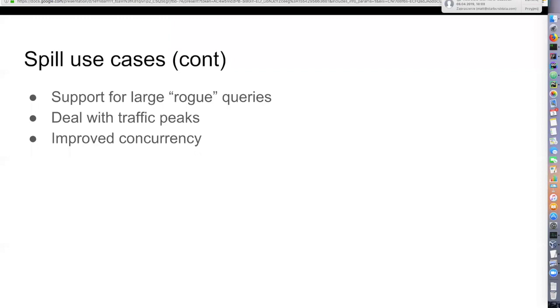Or you can set the Spill property explicitly, so that when you have queries that you expect might take a lot of memory and you don't want to penalize the other queries that should finish quickly, then you can enable Spill for only a subset of the queries. This way, you accommodate both types of queries and they should all complete successfully, and you don't saturate the cluster.